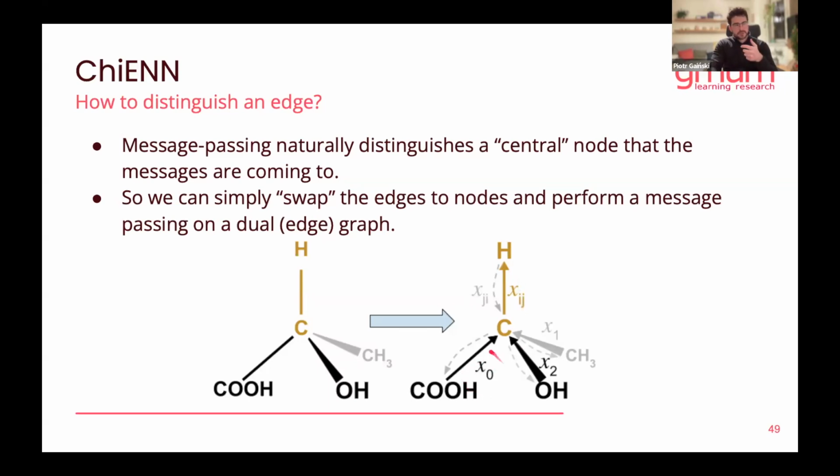Here all the incoming edges are the neighbors of that gold edge. So we simply transform a graph by swapping the edges and nodes in some sense. I believe it's called a dual graph, but I'm not sure.